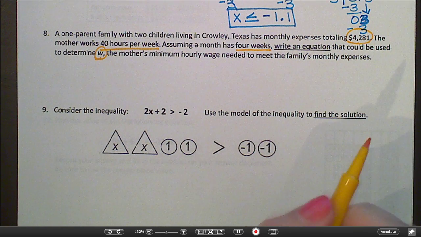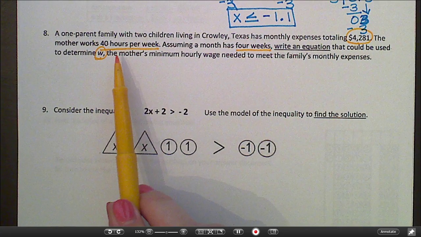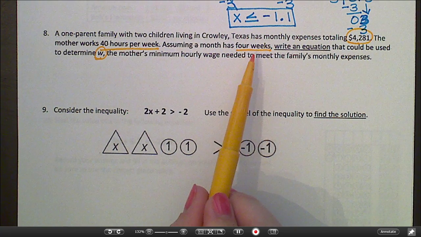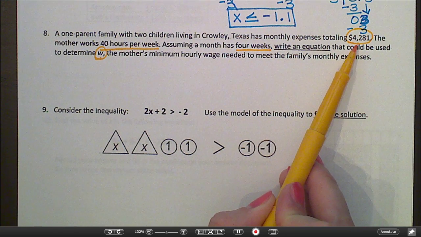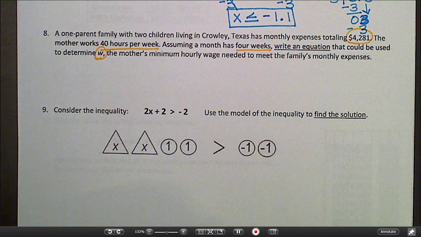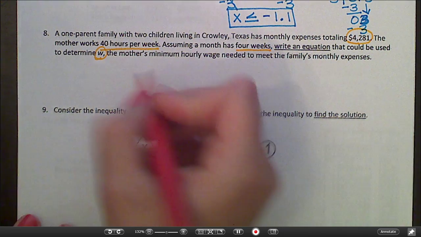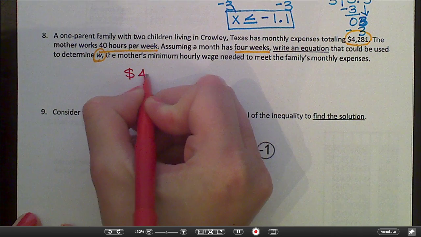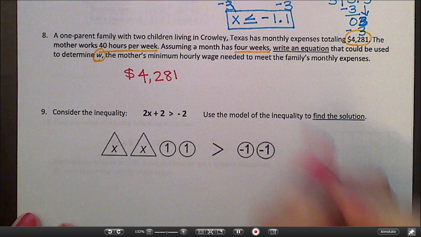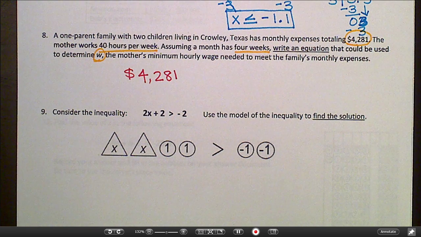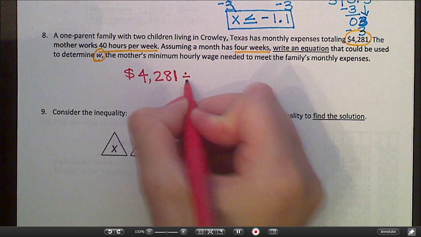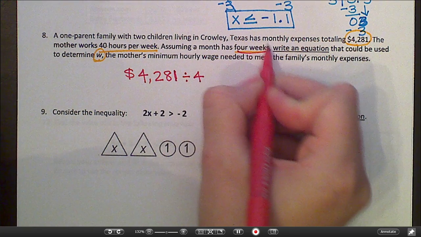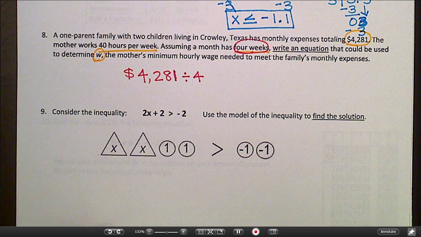So mom has a job. She works 40 hours a week for 4 weeks. How much does she have to make per hour so that they can continue to have this as their expenses? Well, if I have $4,281 that I'm trying to come up with, I'm going to divide that by 4 weeks, to see how much I have to make each week.